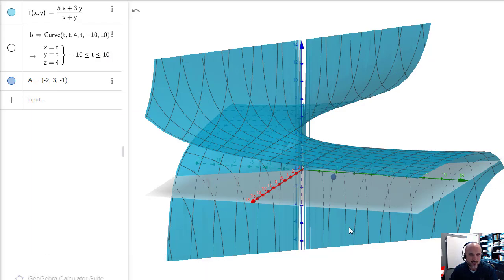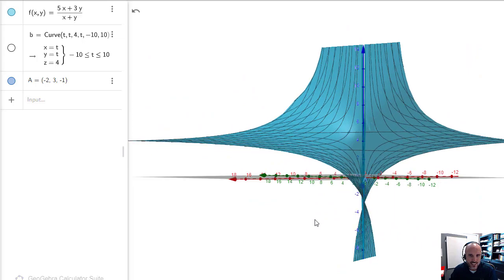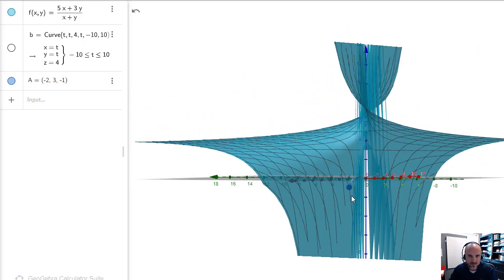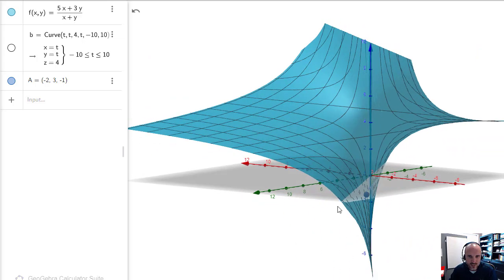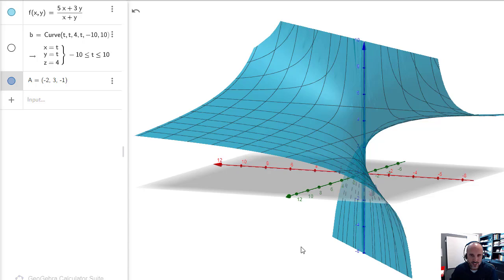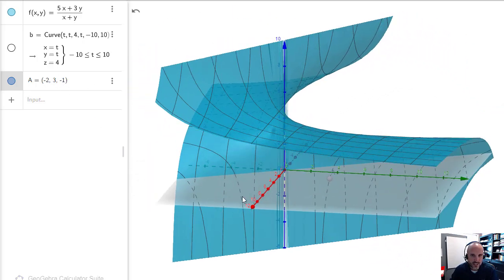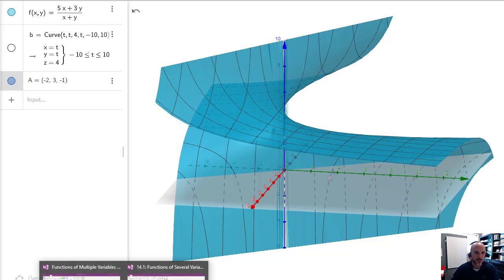If we look at that, and then we kind of look around at our point here, we can see that point, can zoom in maybe even, that point is on the surface, okay? So graphically what that means is, if you look at the ordered pair -2, 3 in the xy plane, which is back here, then its z value is -1 down here at that point on the curve, okay?